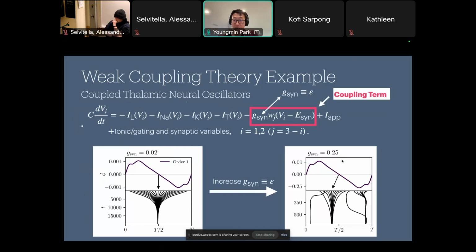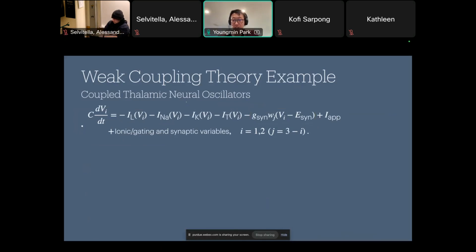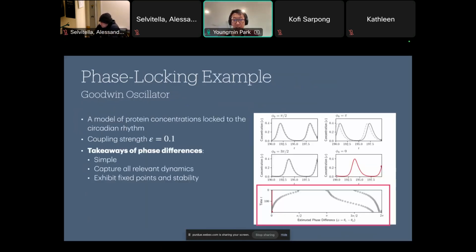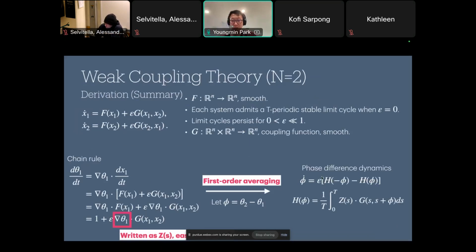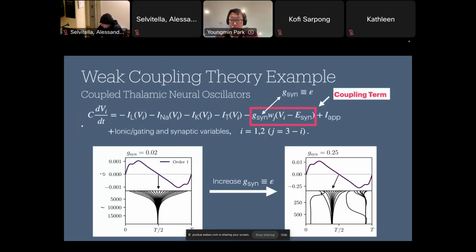But if we increase Gsyn to something more reasonable and more biologically realistic, like 0.25, the coupling theory doesn't change, right? It just gets scaled on the right-hand side by epsilon. If epsilon's bigger, we just change the amplitude of the right-hand side. But in the full model at the bottom, we find that the phase differences not only converge to T/2, and I know this looks like it's not going to T/2, but that's an artifact of the way we chose to show this plot.